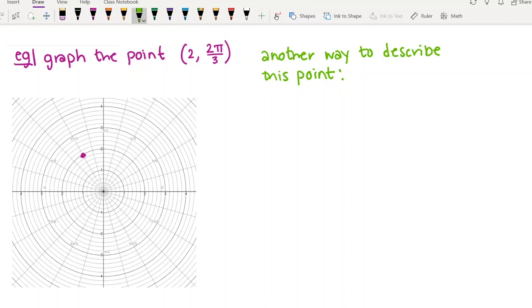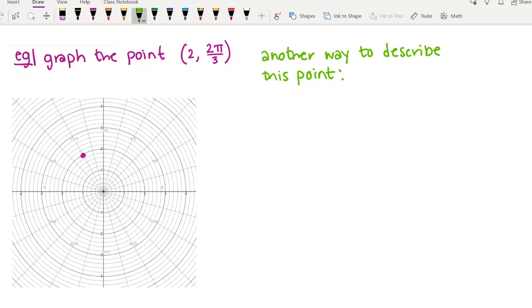So the way that we described it initially was with the angle 2 pi over 3. One way that you can always find a different description for that same point is by finding an angle that is coterminal with the angle given.